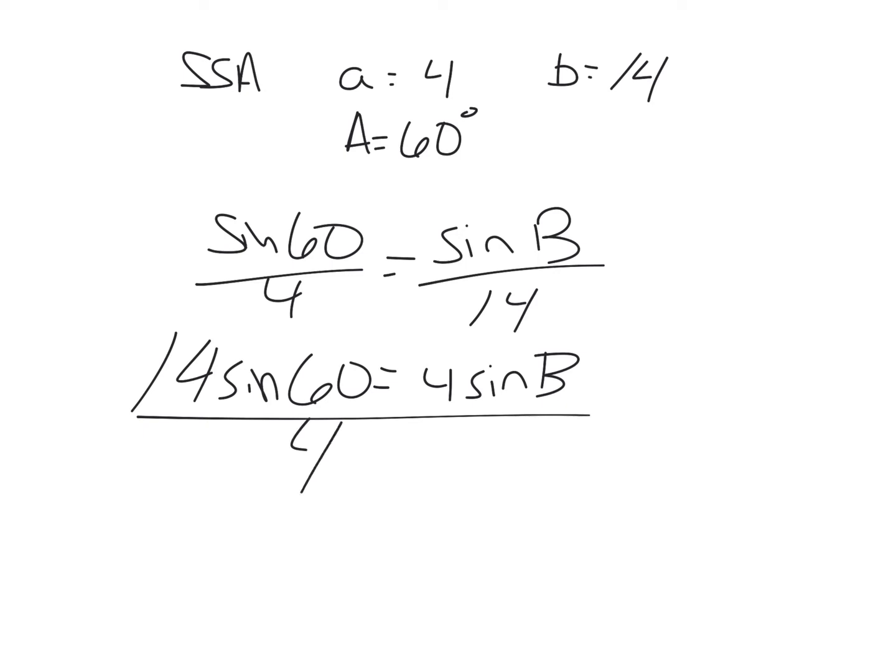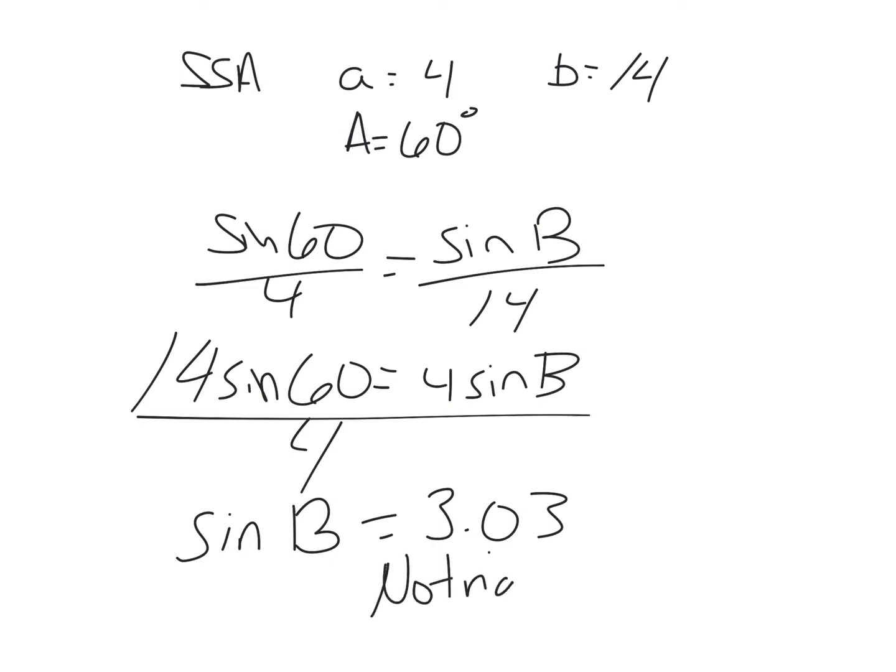And when we do that, we get sine of B is equal to 3.03, and when you do inverse sine, you get an error. When you see that, you know there is no triangle. Kind of a giveaway, but don't assume this every time.